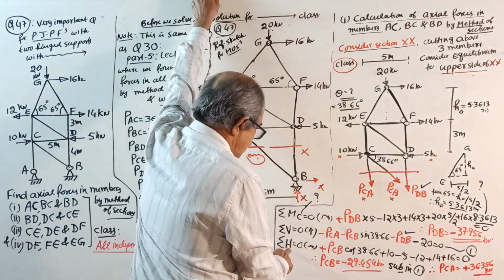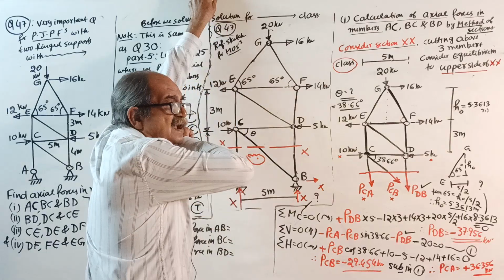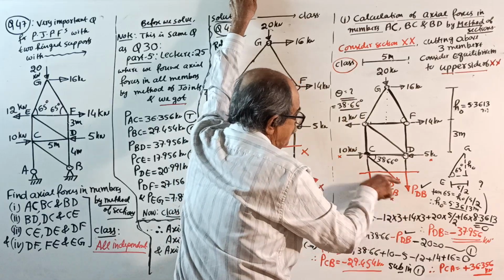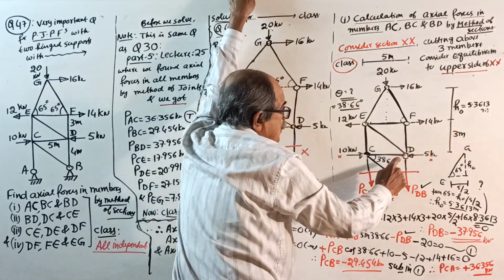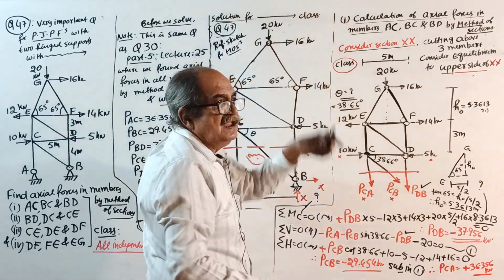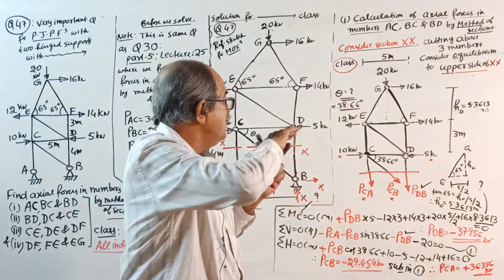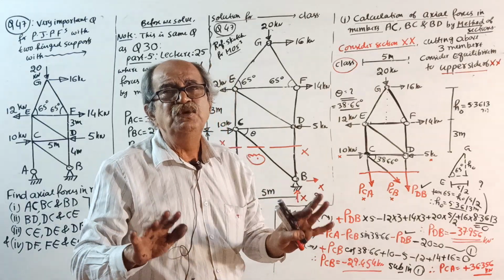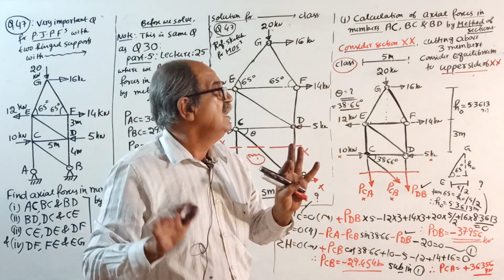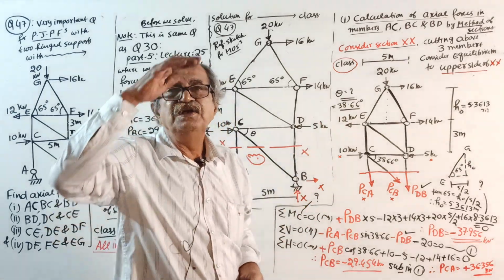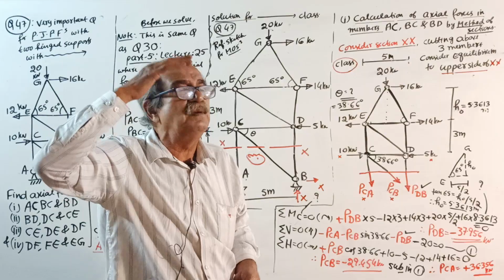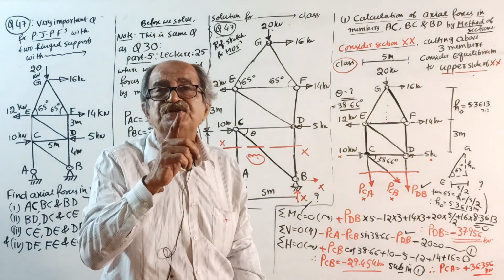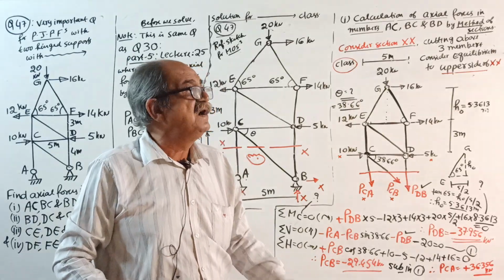Then sigma H equals 0, take right side positive. This will not come, this will not come, plus PCB cos 38.66. If anybody has doubt why it is right side, why it is cos, why it is sin, high time you stop learning from me. In engineering mechanics, it was told thousands of times earlier, in the initial classes, resolution of force.